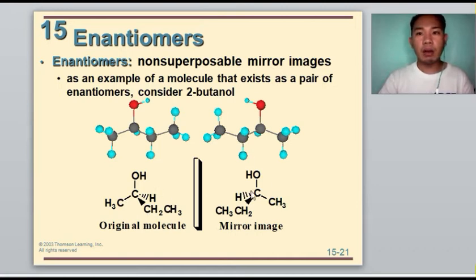and its mirror image? To answer this question, we need to imagine that we must pick the mirror image and move it in 3D space in any way we wish.